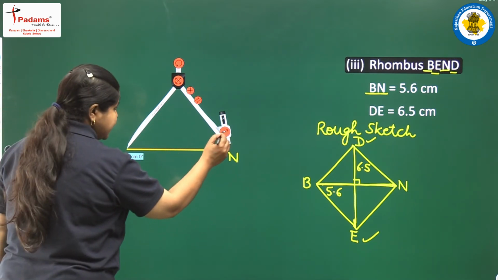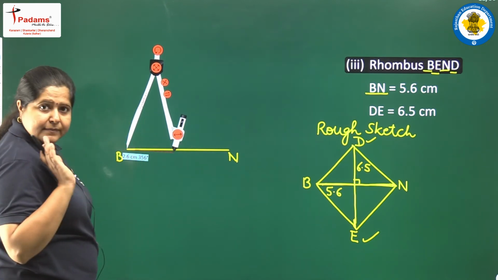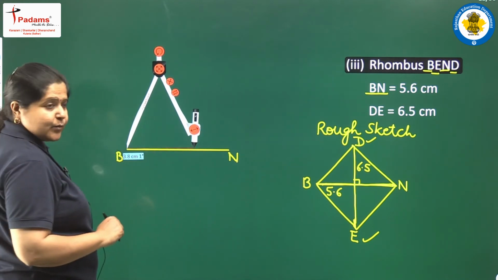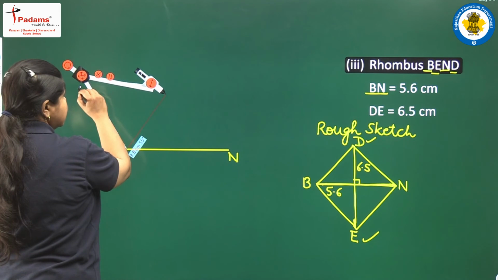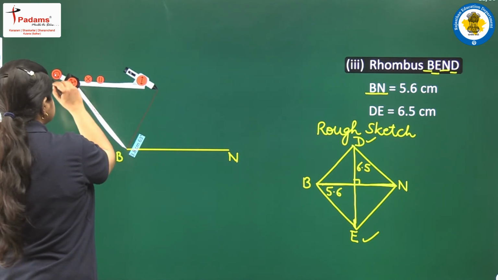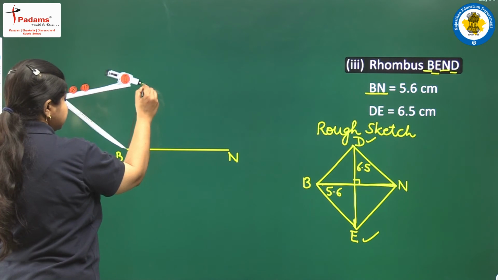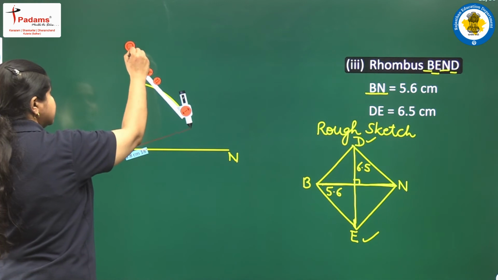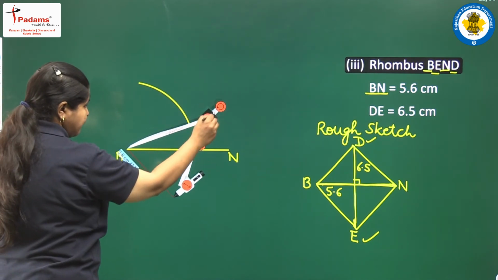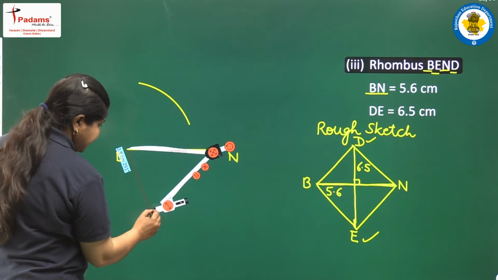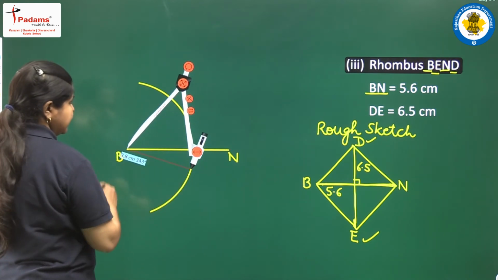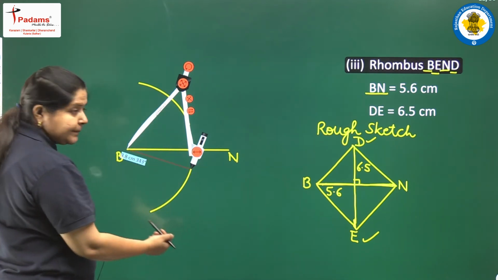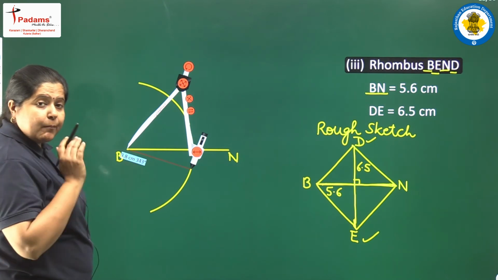You can see that half of BN is something like this, and we will take the radius to be more than this in this way, and then we will draw an arc above BN in this way, and similarly we will draw this arc below BN also with the same radius. We will not change the radius in this way. So we have drawn two arcs, one above BN and one below BN, with the radius measuring more than half of BN.